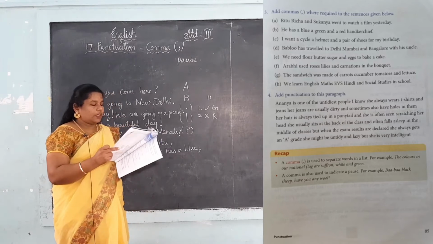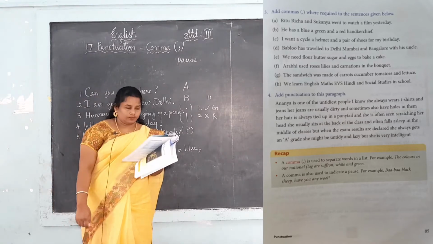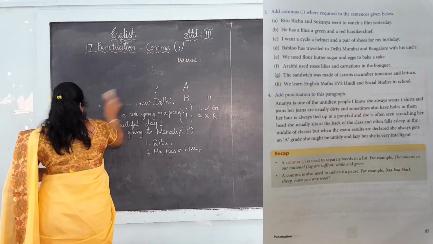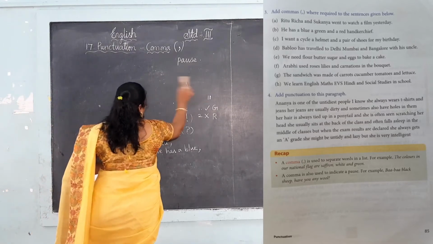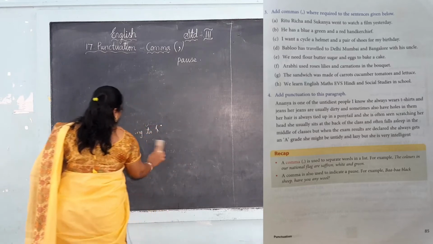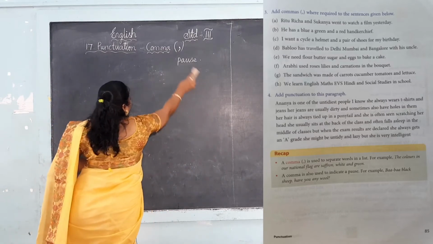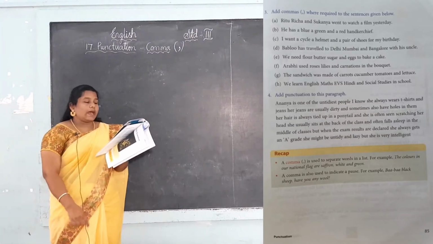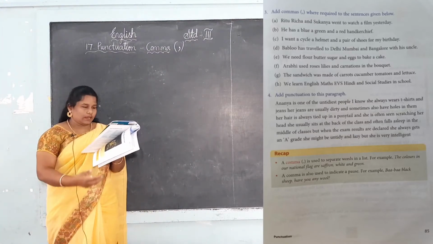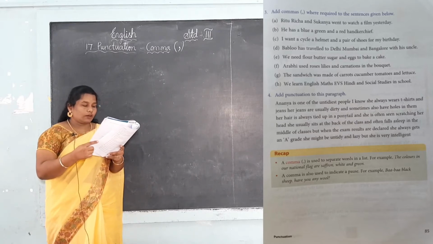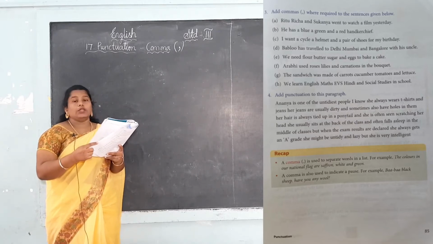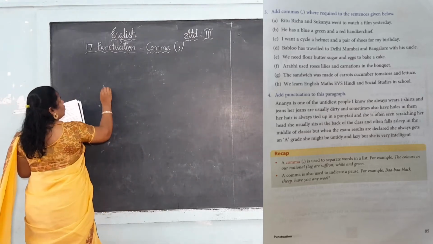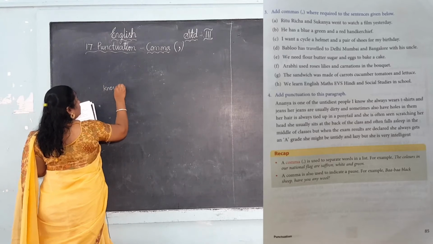Next, add punctuation to this paragraph. Okay, now add punctuation to this paragraph. See, Ananya is one of the untidiest people I know. See, one sentence is over. So, after that you want to put full stop.